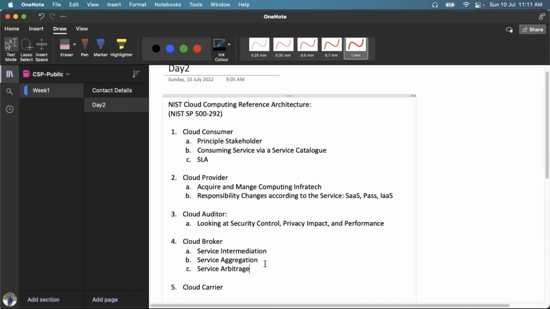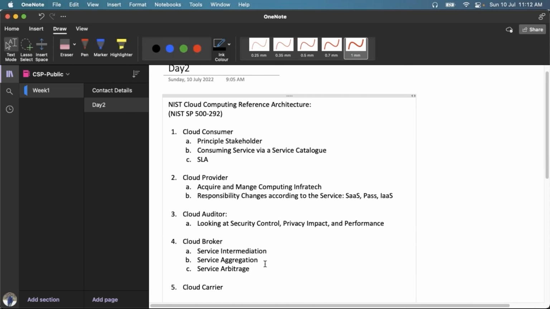If I define this, your services are just an aggregation and made available, except that the services being aggregated are not fixed services. So the cloud broker has the capability of arbitraging the services, so there is flexibility to choose from multiple agencies. You can choose from this cloud service provider or that one. Whatever is happening in the background, you don't know that.